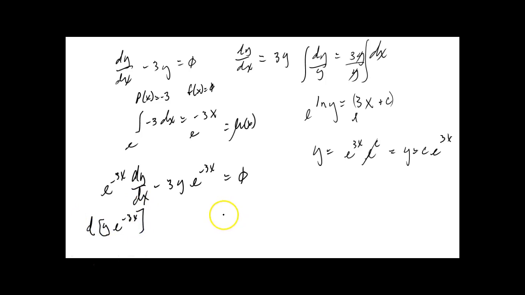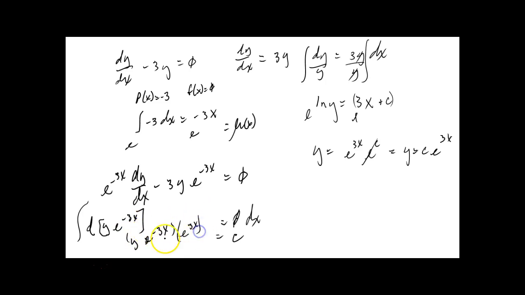Well, this is 0 dx. And if you integrate this, you get y times e to the minus 3x is equal to some constant c. And then multiply both sides by e to the 3x.